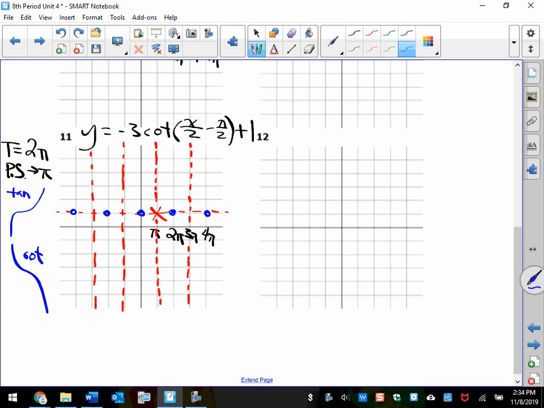So which one do we want here? We want the tangent look because we have a reflection. That -3 is going to flip our graph upside down. If I put hash marks halfway in between, between 0 and pi at pi over 2, we can indicate this stretch by 3 by going up 3 above the center line and down 3 below the center line, and it should look something like tangent, just stretched.